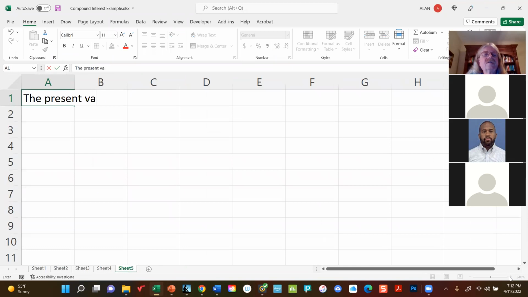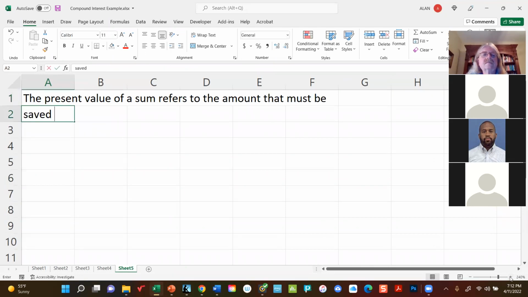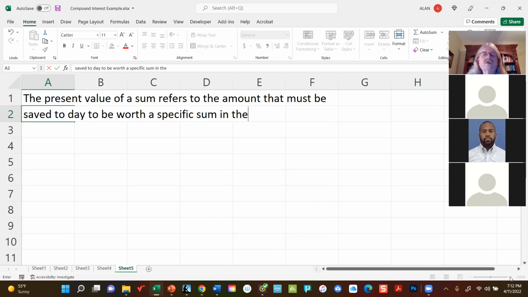The present value of a sum refers to the amount that must be saved today to be worth a specific sum in the future.